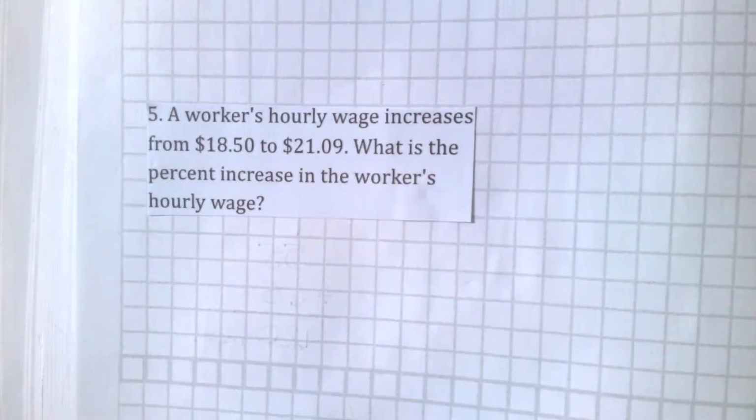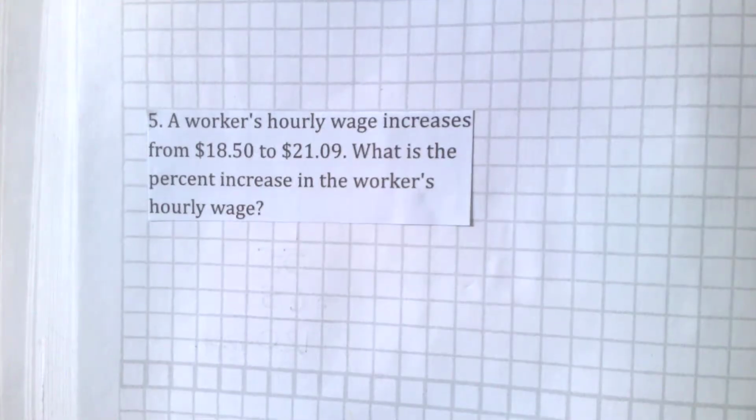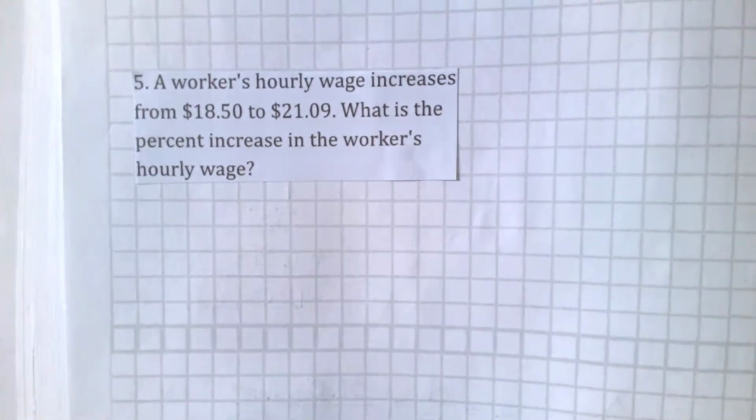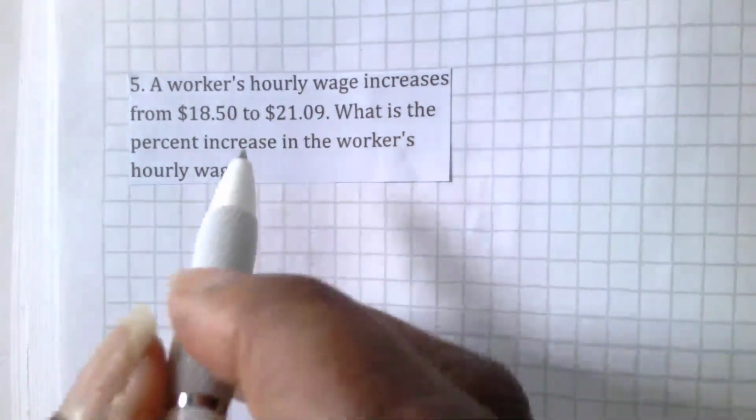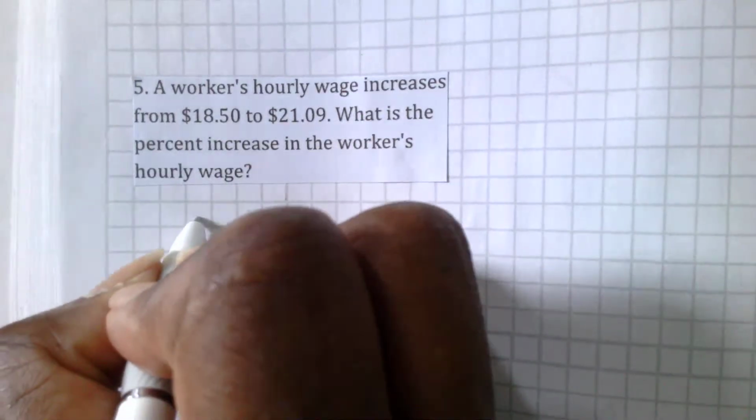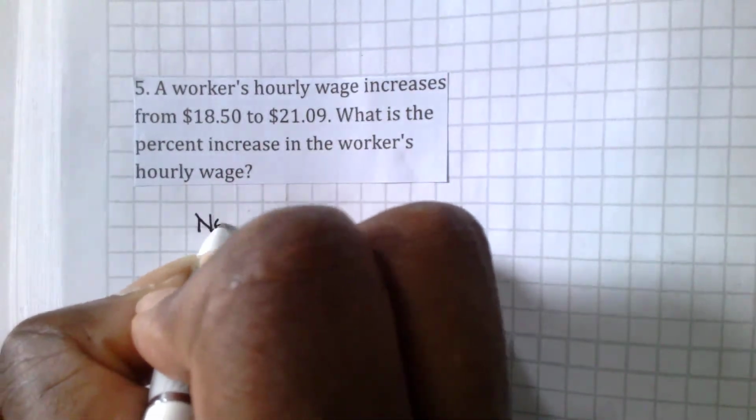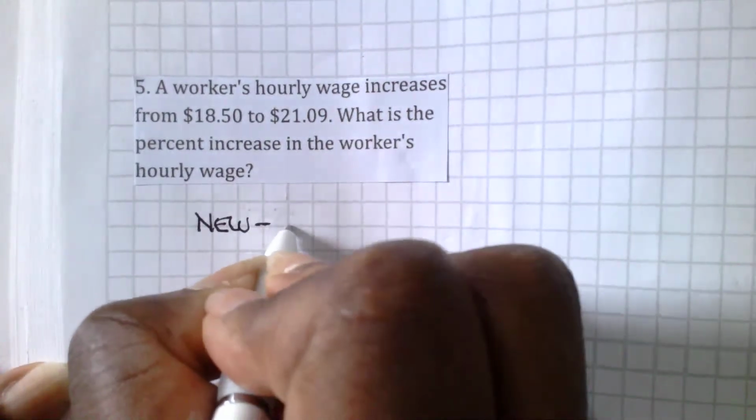But then you have to ask yourself, is that increase really going to be worth it? Gotta know your worth, people. So this is how you calculate it. We're going to use the formula. I like to use the new minus the old.